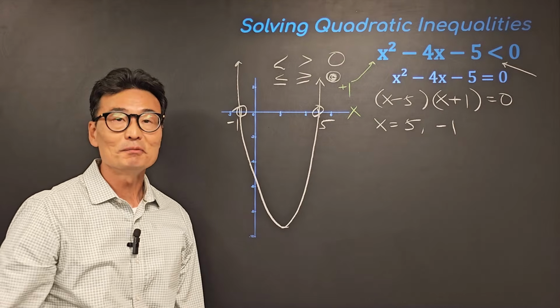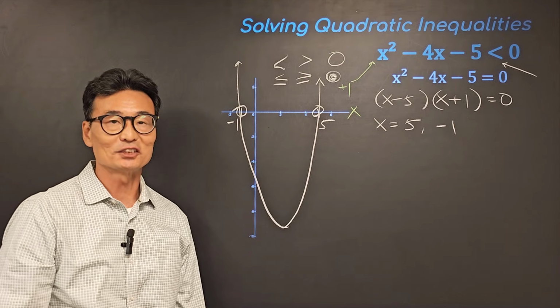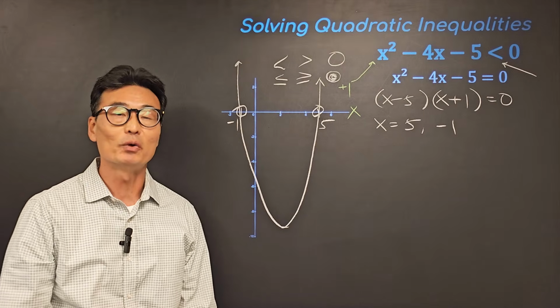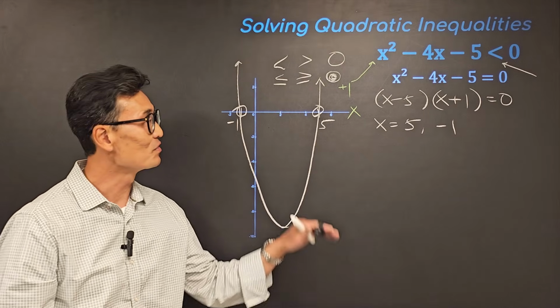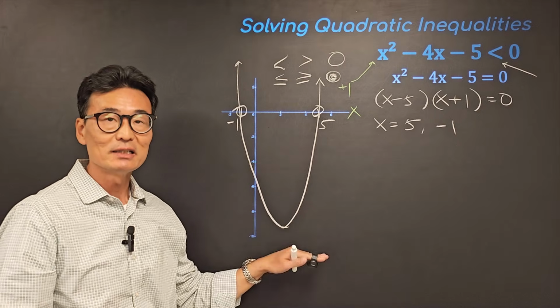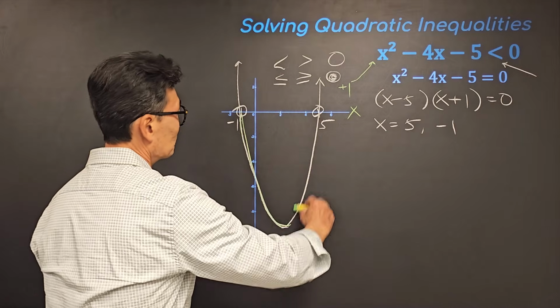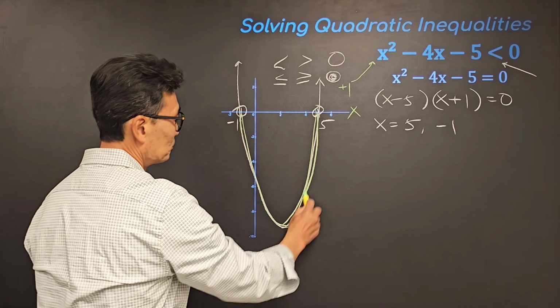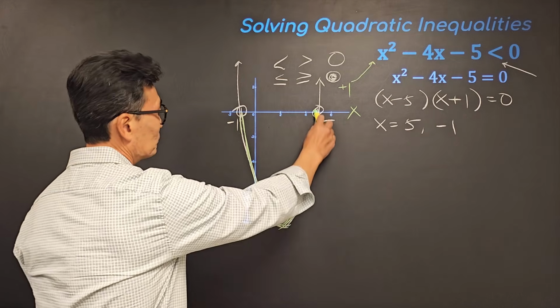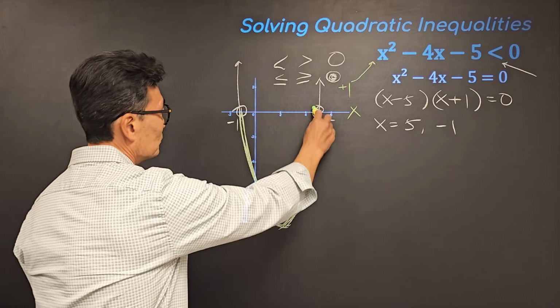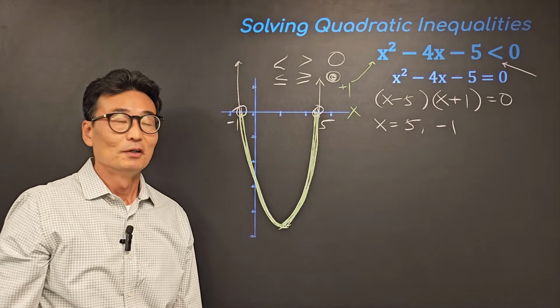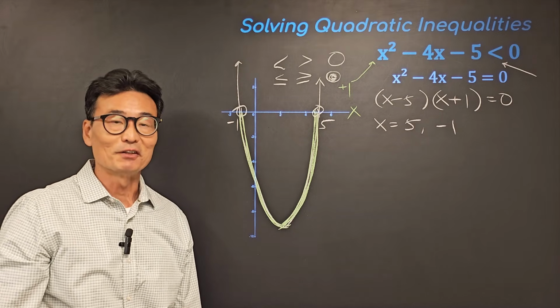Not a perfect parabola, but does the job. Next, I'm going to shade where it's less than 0, or once again, below the x-axis. Hopefully that's enough shading for you.